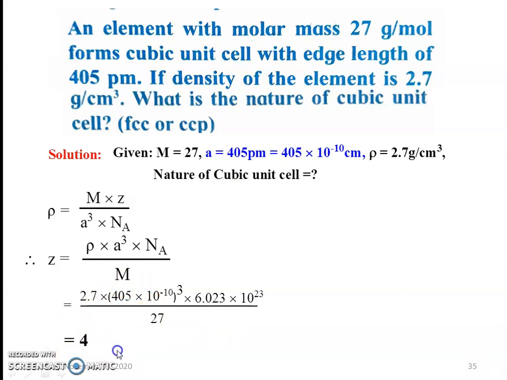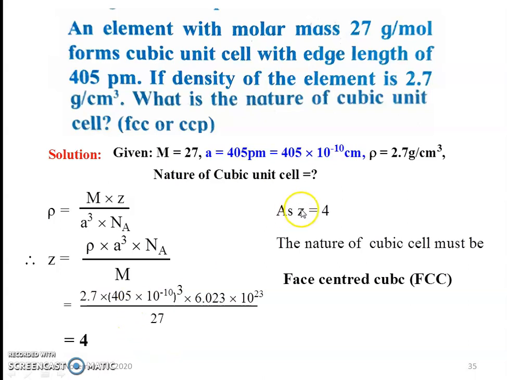So z is equal to 4. So as z is equal to 4, the nature of unit cell must be face centered cubic, that is FCC. So in this way, from the given data, we can find out the nature of the cubic cell. As z is equal to 4, this unit cell must be face centered cubic.